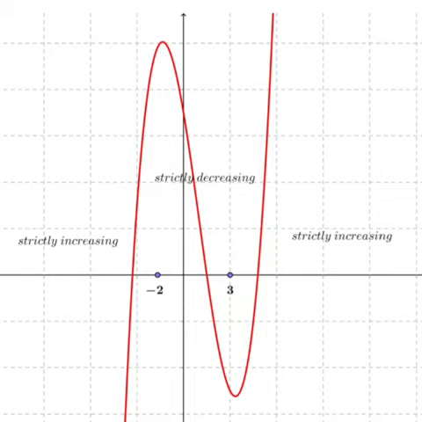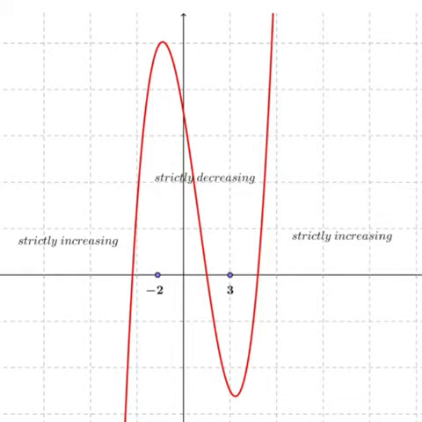From -infinity, our extreme left, to x equal to -2, we say that the graph is increasing. And from the interval -2 to 3, this is the interval where the graph is decreasing.